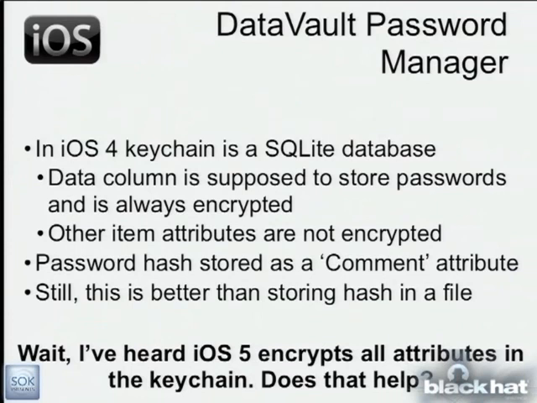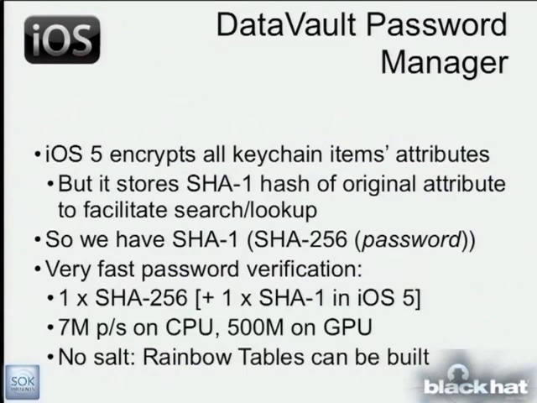But in iOS 5, Apple helps developers and users protect their data, and started encrypting not only the data field, but all other fields too. But to implement search capability for keychain items, iOS stores a hash of the plain text value near the encrypted value for every attribute.